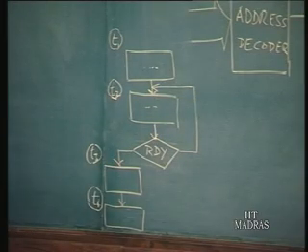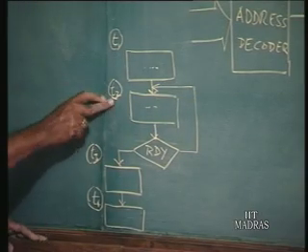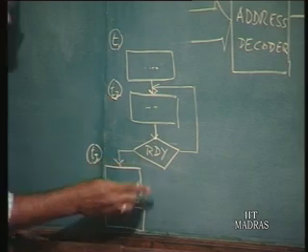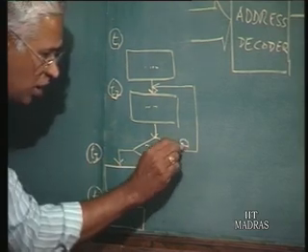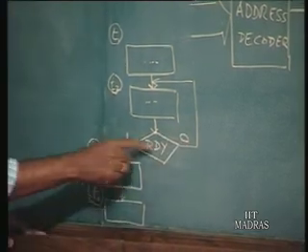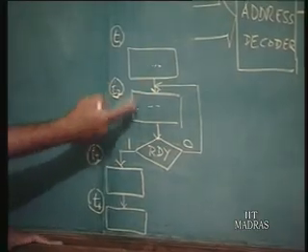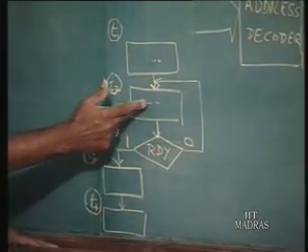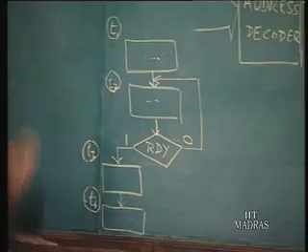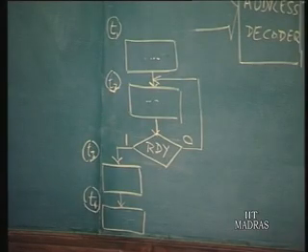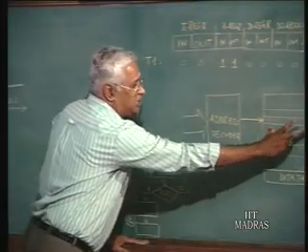Okay? That is, given, for instance, if T2 is the present state, depending on the ready being 0 or 1, as per this ASM chart, the next state will be T2 itself, or it will be T3. Okay? This sequencing information must also be included in the memory.